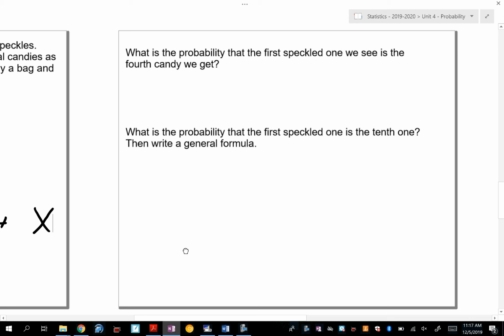The fourth one is groovy, okay? So I'm going to write down the probability that our first success, and I'm going to use X to represent when we get our first success, this random variable X, equal to what number? The fourth one. Very good.